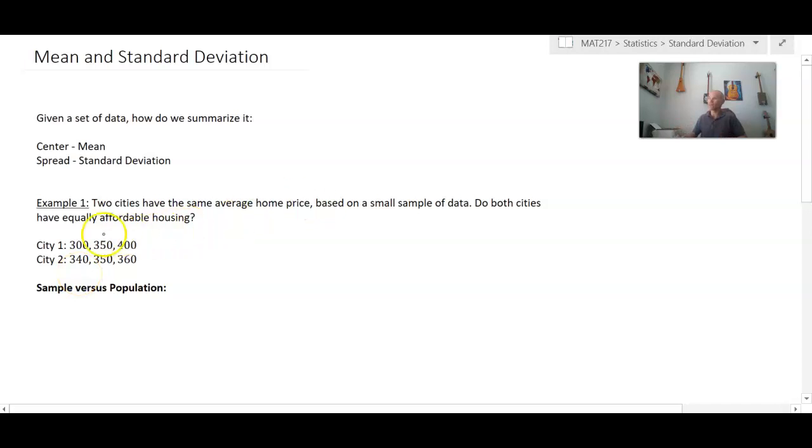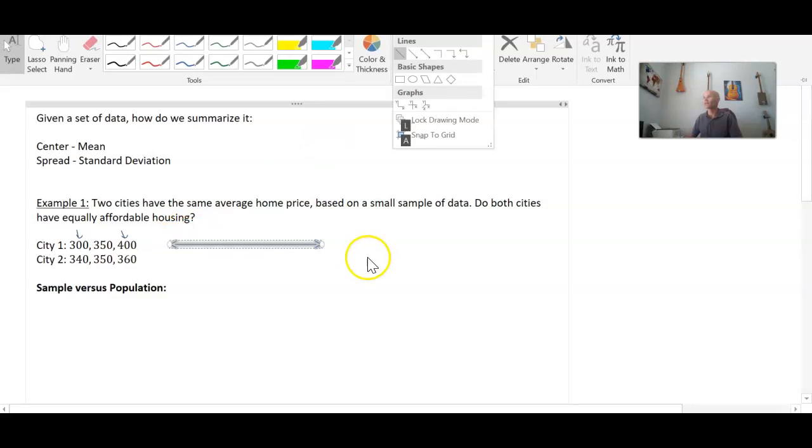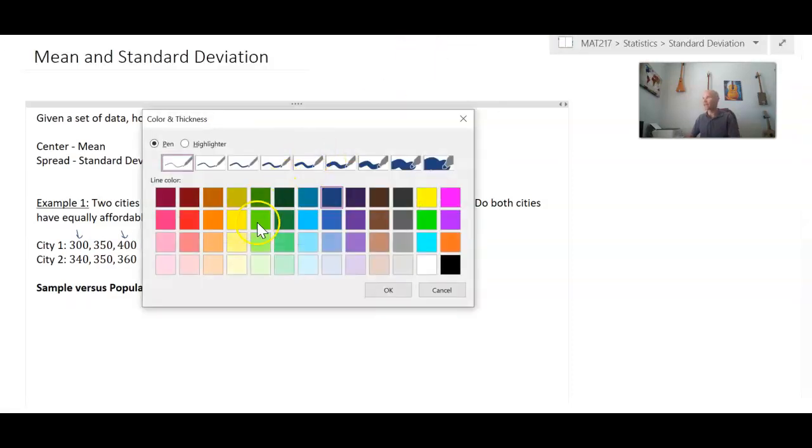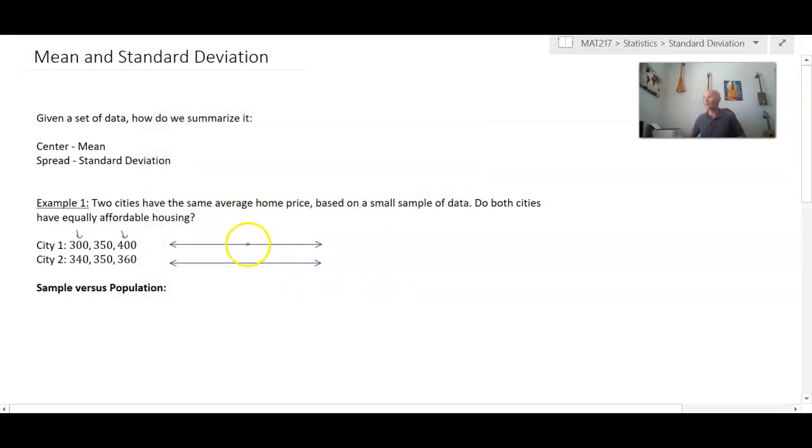So same average, but we can see here that City 1 has more extreme house prices. They have a much lower house price as well as a considerably higher house price. Whereas in City 2, those houses seem less spread out. So if I created just a little number line here for each of these two cities, and I just plotted this data on here, then we would see that both have an average value of 350.